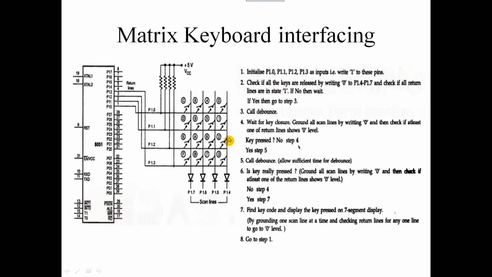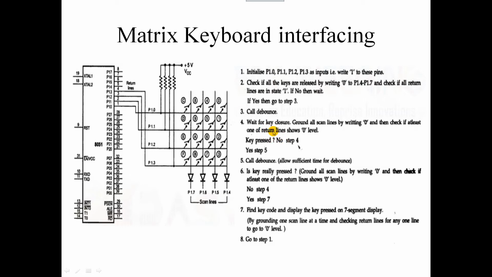If I am going to select 0, it means I am going to supply 0 for this column, and I am going to select it with port number 1. So port 1.0: if I am giving that, then pin 0 will be selected. If I am going to select D, it means I am going to supply 0 for P1.7, and if I am going to select P1.1, then I will be selecting D. That is the logic behind this matrix keyboard interfacing.